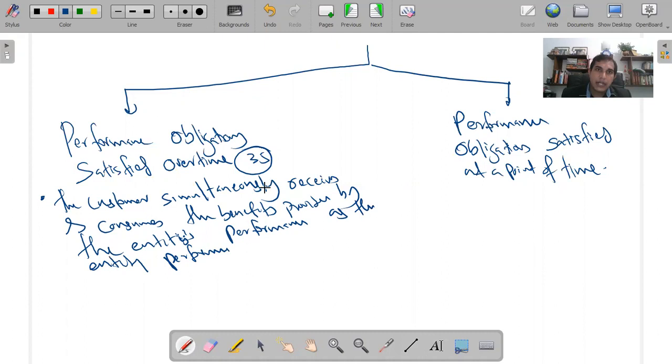The customer simultaneously receives and consumes the benefits provided by the entity.